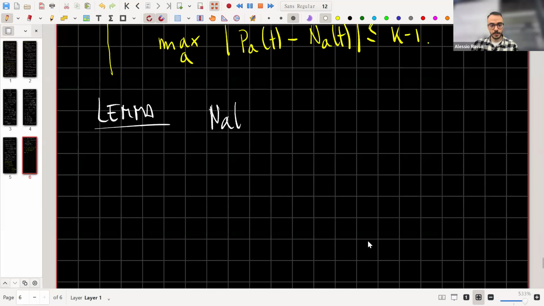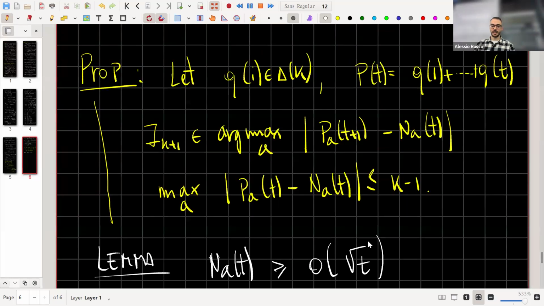What we are going to show is that the number of times we sample arm A is lower bounded by square root T. The yellow thing here is saying that this P A is a sum of distributions, and this corresponds to the sum of the W epsilon that we have in C-tracking. And it says that you can control this difference, and it is upper bounded by K minus 1.